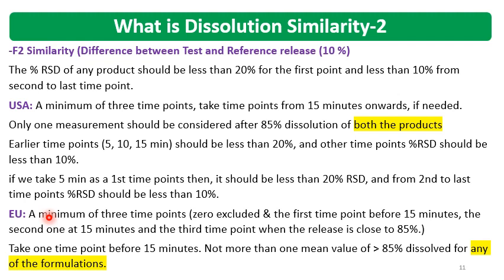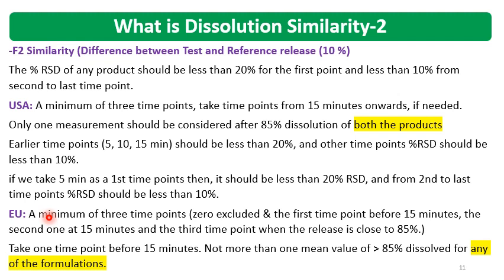Now coming to the EU requirement, a minimum of 3 time points are required, 0 excluded, with the first time point before 15 minutes, the second one at 15 minutes, and the third time point when the release is close to 85%. So compared to the US, Europe is giving you the correct requirement in words. They have written that 0 is excluded. In the US, 0 is excluded also.